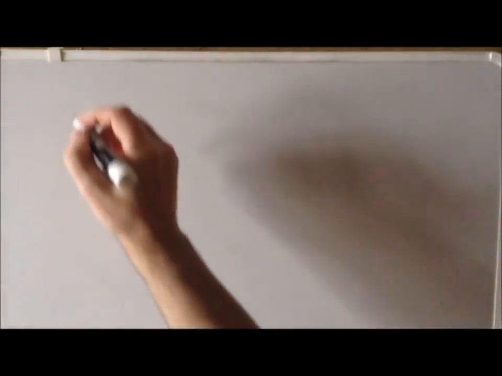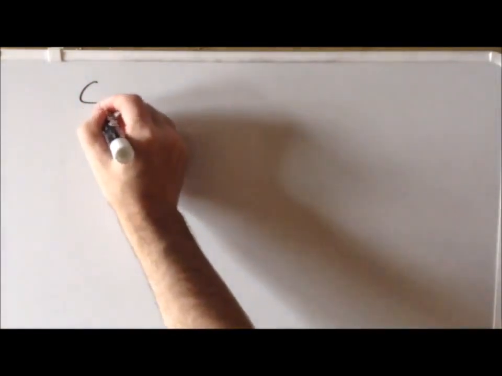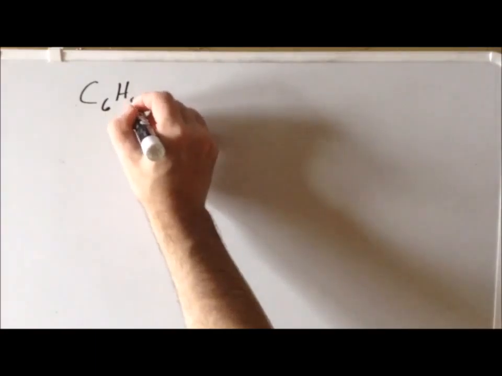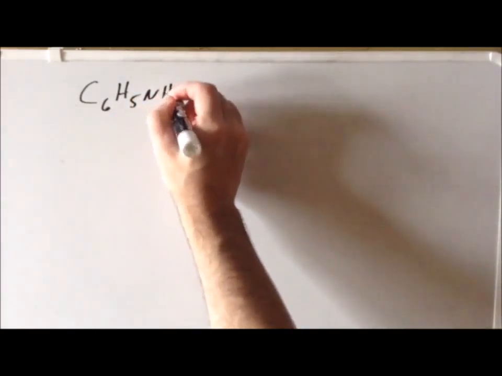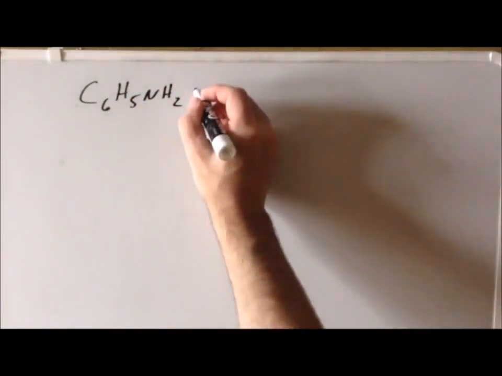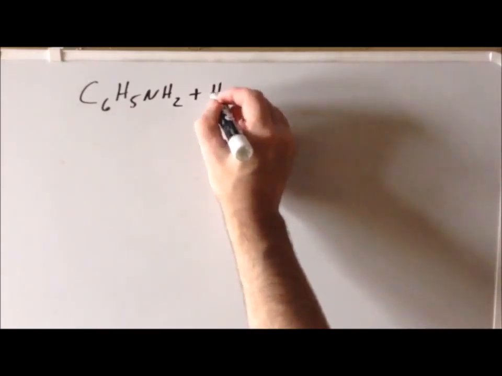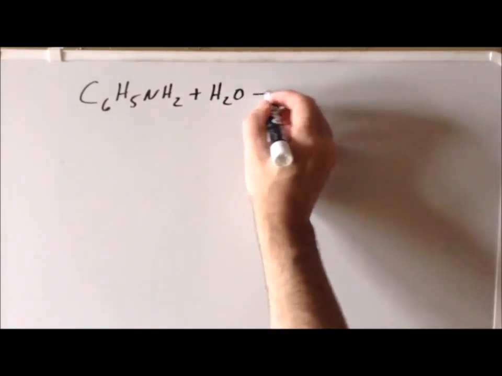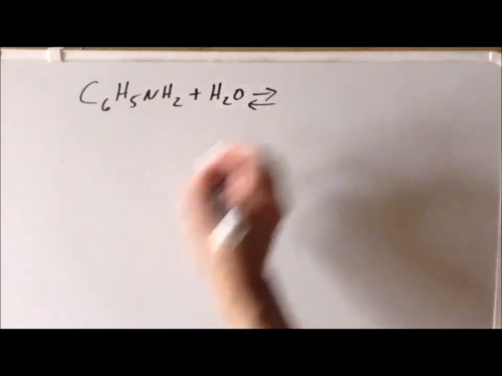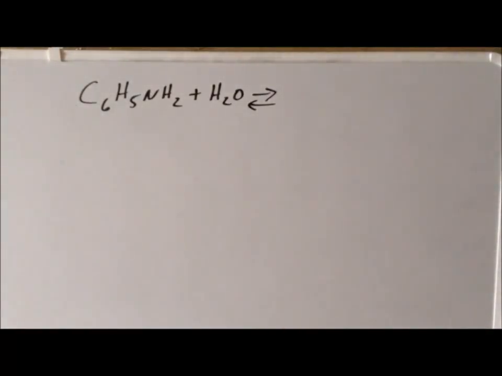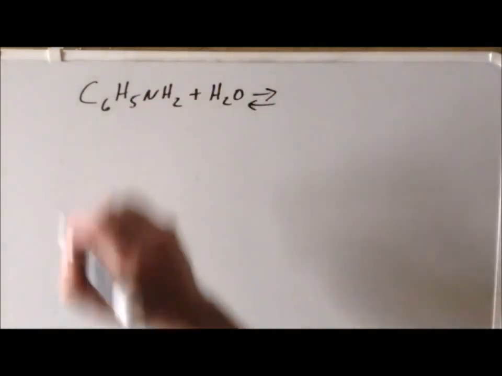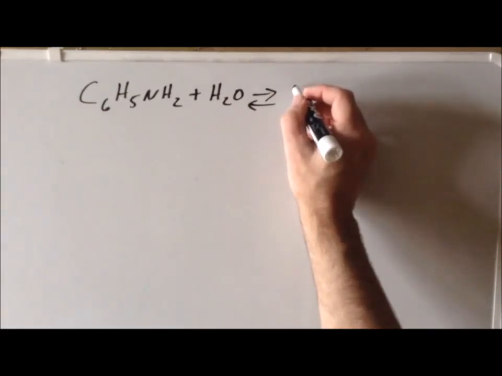When aniline dissolves in water, we have the following equilibrium. There we have aniline, and it dissolves in water. And since aniline is a base, it's going to accept a proton from the solvent water.